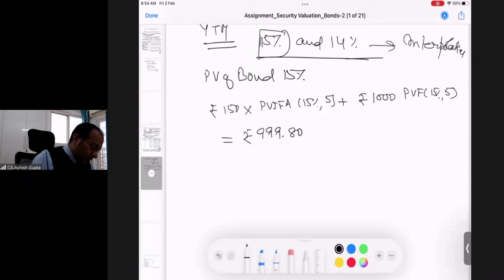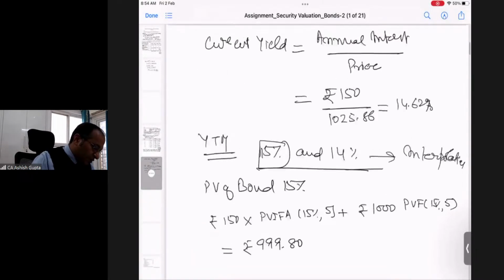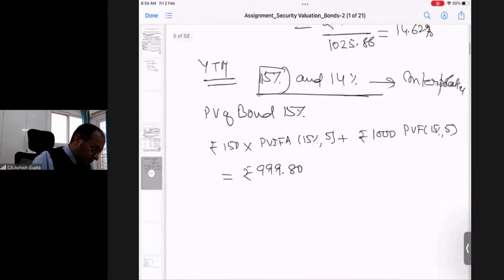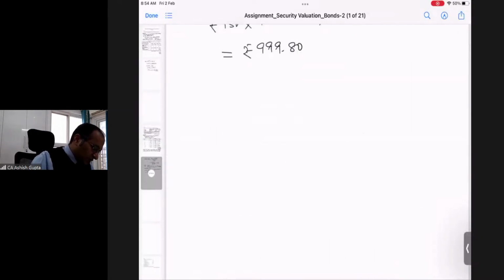Now the PV value at 14% is with us, so we can compute the yield to maturity by using interpolation.